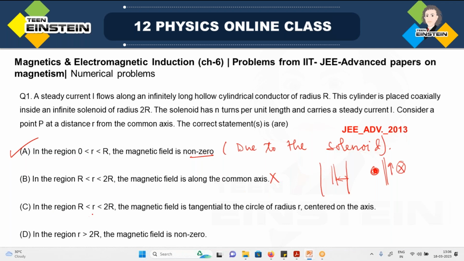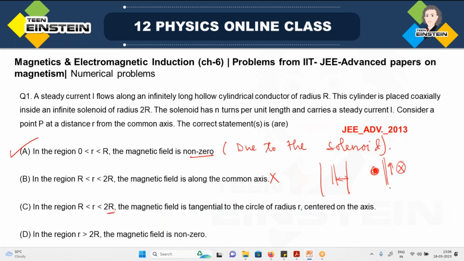Then the third option: in the region R to 2R, the magnetic field is tangential to the circle of radius r. So this also may not be true, because in this region the magnetic field cannot always be tangential.